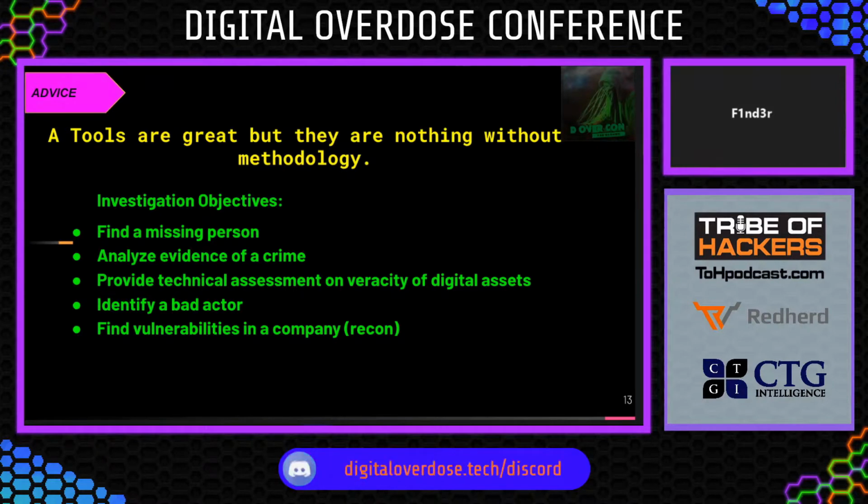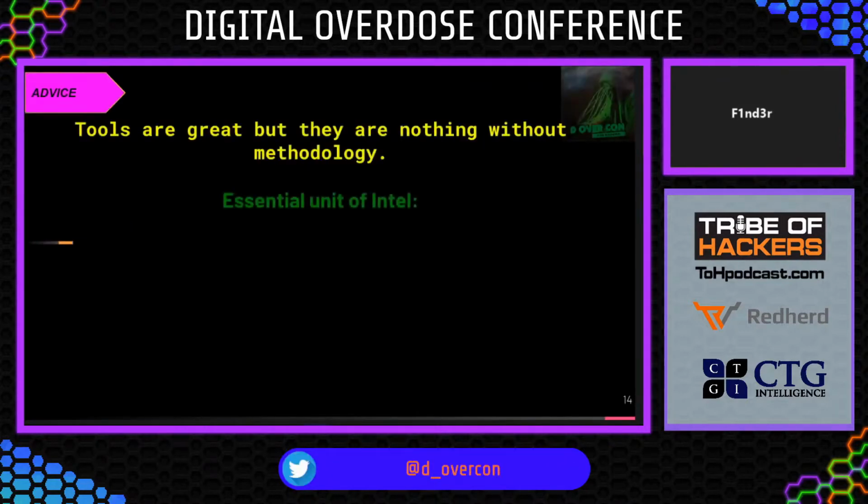So this slide has the purpose of reminding you that the objectives will define your workflow, and the workflow will define the tools. If you don't define this at the beginning of an investigation, you are going to waste a lot of time trying to figure out how to get where you want to go.